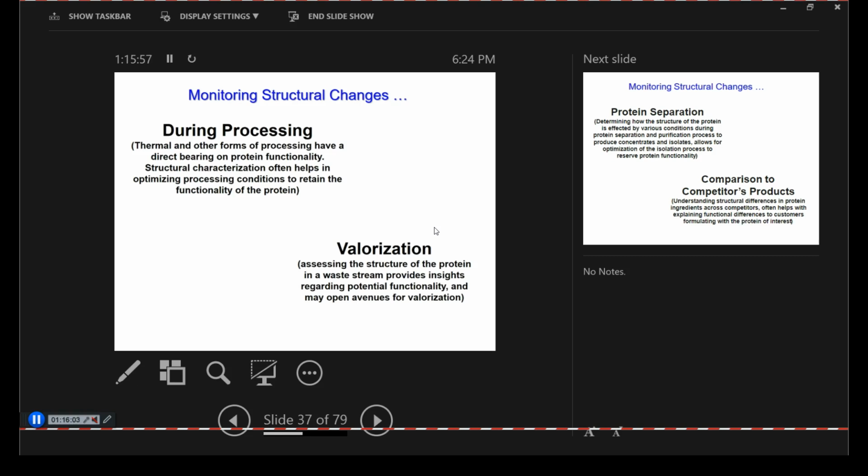So they looked at the components of whey and they found that it has a very functional protein in it. And now whey protein has become the most expensive protein ingredient. It started with a byproduct, but looking deeper into the structure and function of the protein resulted in production of an ingredient of a high value. And that's the word valorization, is increasing the value of a byproduct.